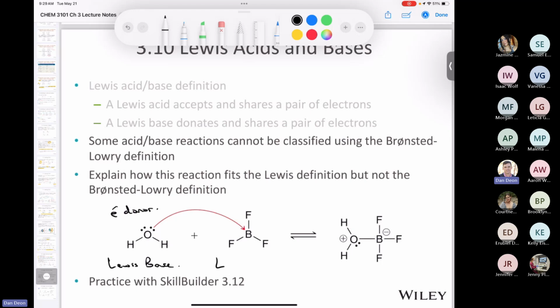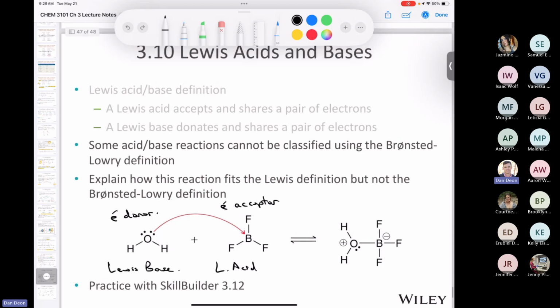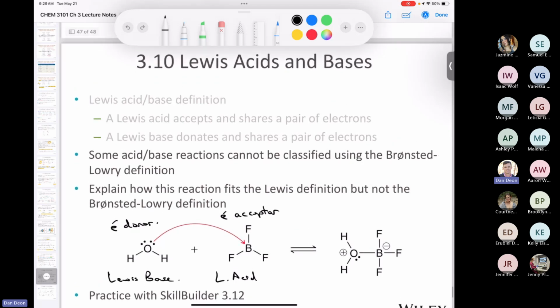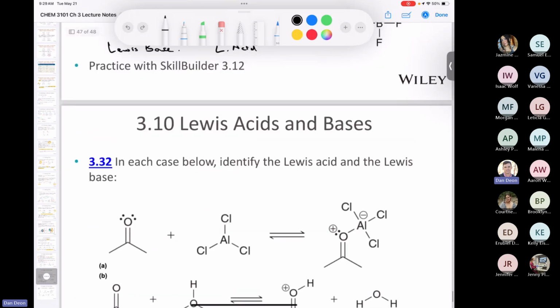And the boron trifluoride is a Lewis acid. Why? Because it's an electron acceptor. And then this funny looking thing over here, that's a zwitterion, right? It has a positive and a negative charge in it. We don't look at a ton of Lewis acids and bases in this class, but you will be tested on the concept on quiz 3 and it is pertinent for the course.